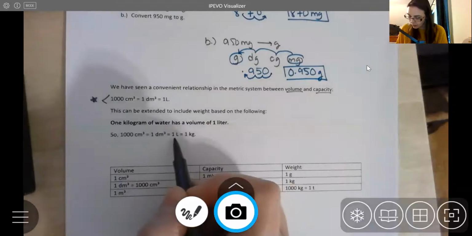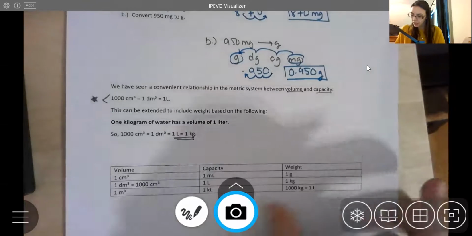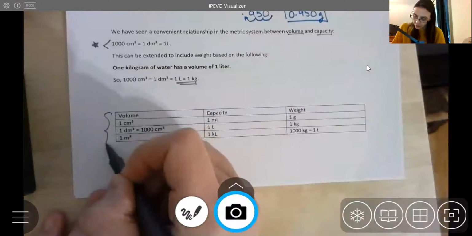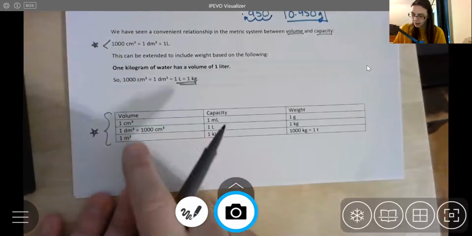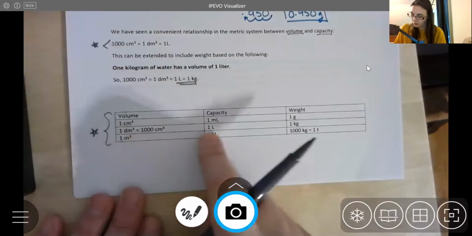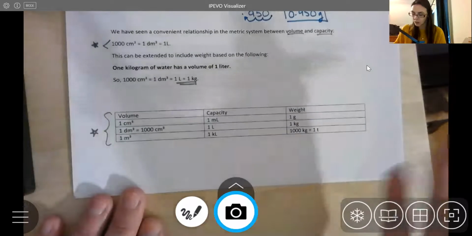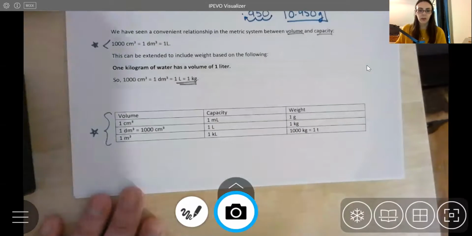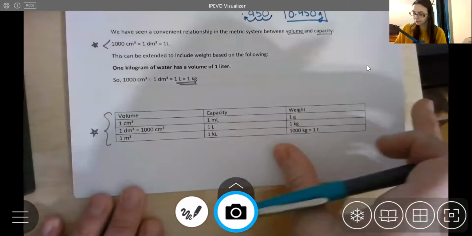So 1 liter is going to be the same as 1 kilogram. And it's going to give us the following conversions. A lot of it we've already seen, but we're just changing over and also bringing in weight here. So 1 liter and 1 kilogram are going to be the same conversion. So you can use this table now too.